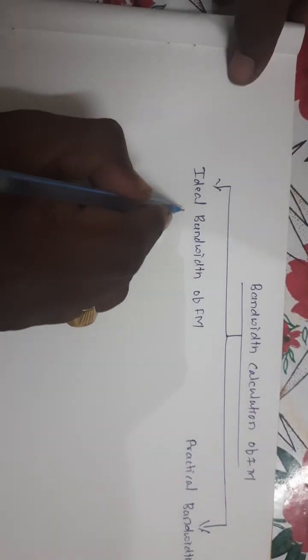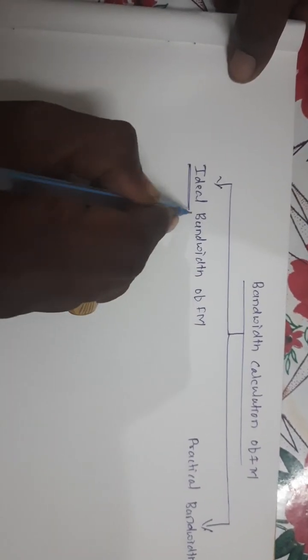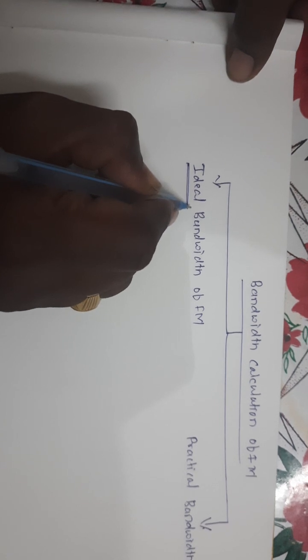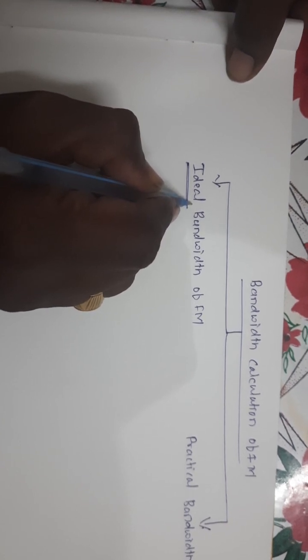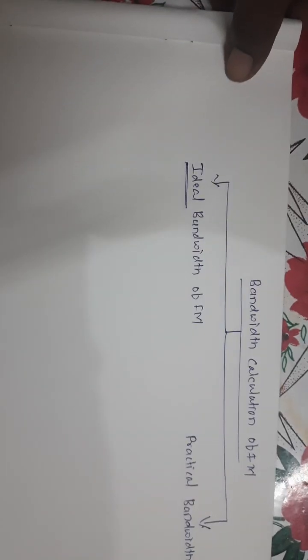When we say the ideal bandwidth of FM, this bandwidth is defined as the frequency difference between the highest pair of sidebands.